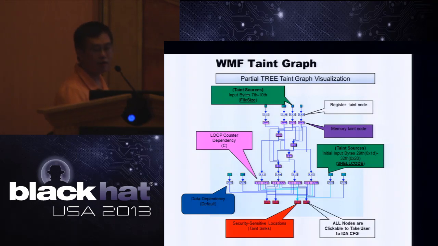We can see this 4-byte value depends on 4 input bytes. You see the green node here, and the data policy is the data dependency, which shows that the input bytes in the original WMF file from the 29th to the 32nd byte affect the value in these locations.